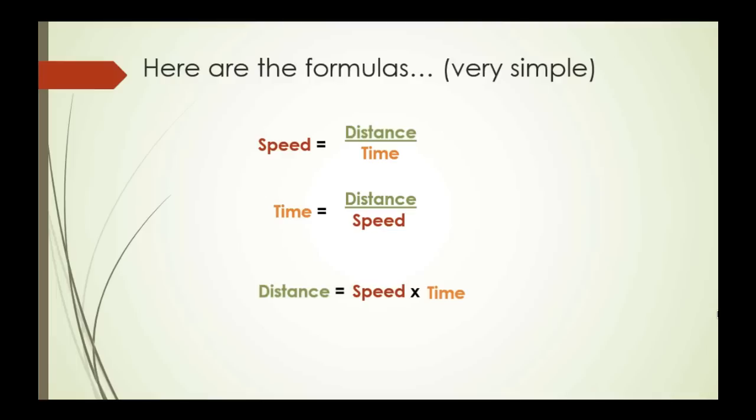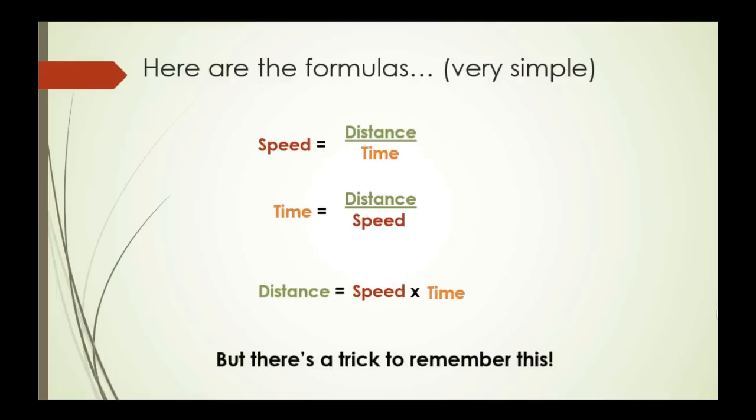Now the formula that you use is dependent on the variables that I've given you. I will give you 2 of the 3, and you're going to have to find the unknown variable. So if I give you distance and time, you would use the top equation. If I gave you distance and speed, you would use the second equation. And if you gave me speed and time, you would use the third equation.